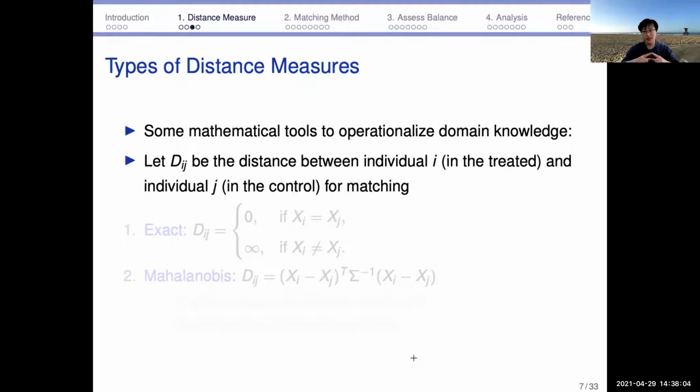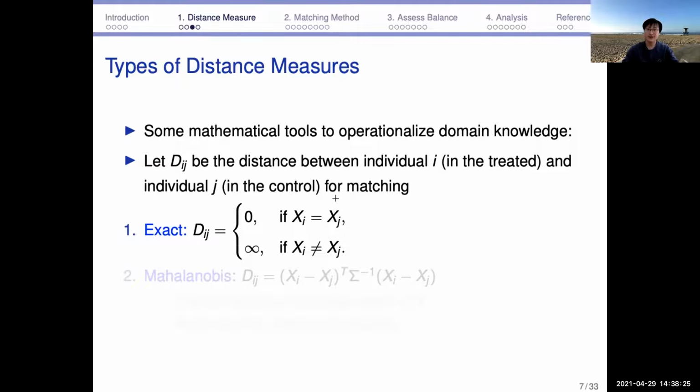So we'll use Dij to denote the distance between individual i and individual j in terms of matching. So Dij captures their covariate distance. The first example is exact matching. So the distance is either 0 or infinity.